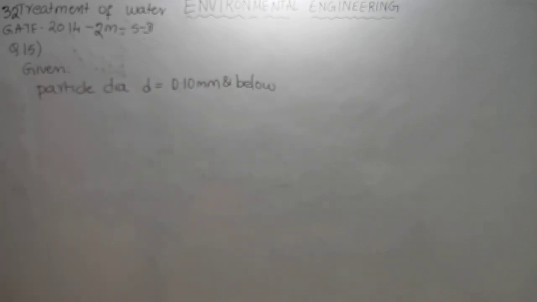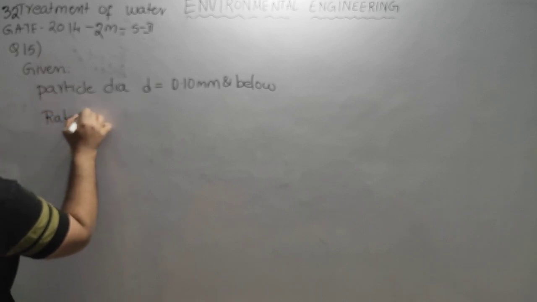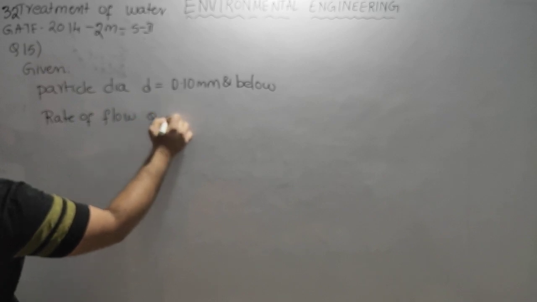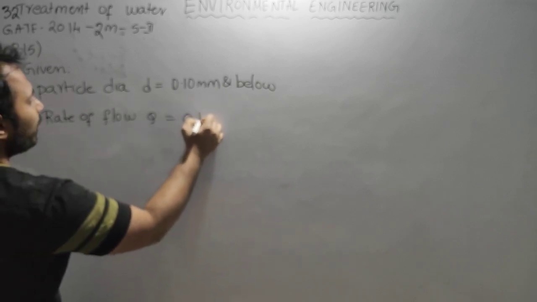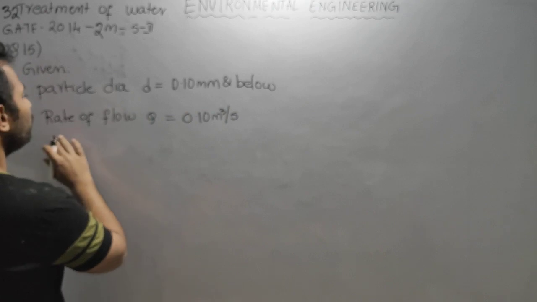And the water is having a rate of flow Q, which is equal to 0.10 meter cube per second. So this is the rate of flow.